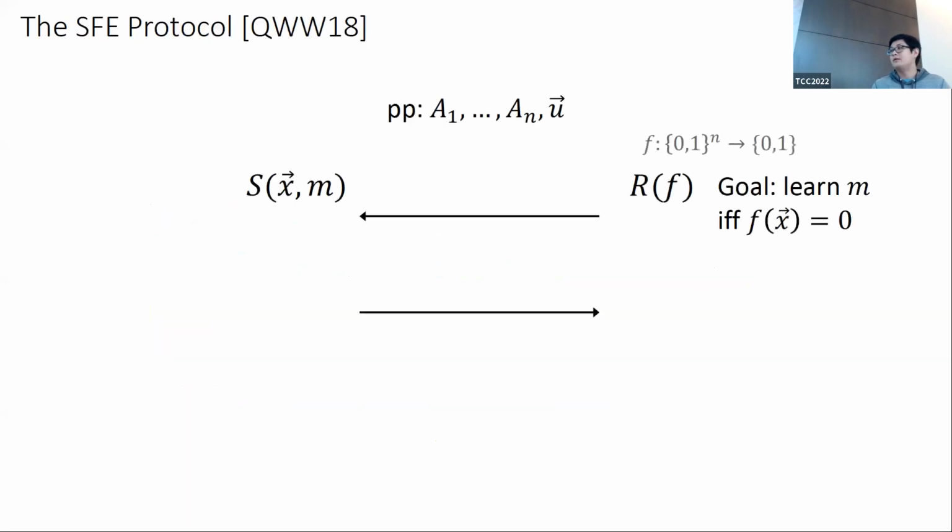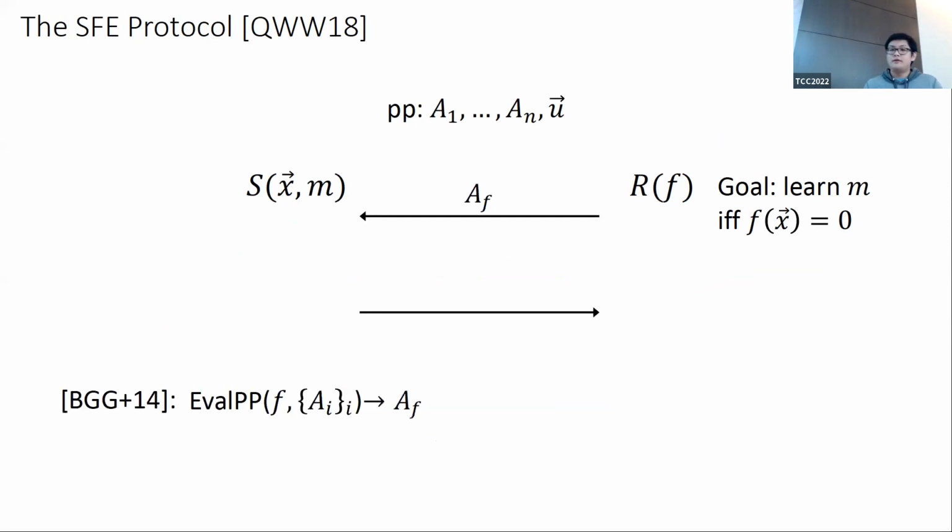Next, I will give a quick overview of the SFE protocol, which involves a sender and a receiver, each holding an attribute X, a message M, and a policy F. The goal is for the receiver to learn the message M if and only if f of X equals 0.